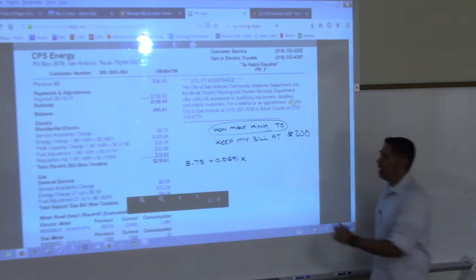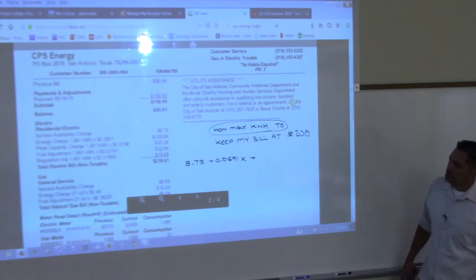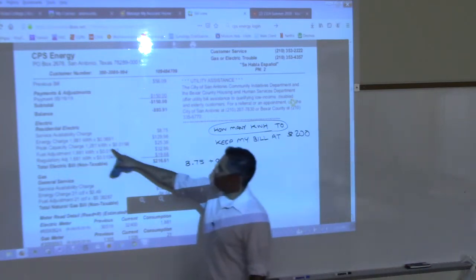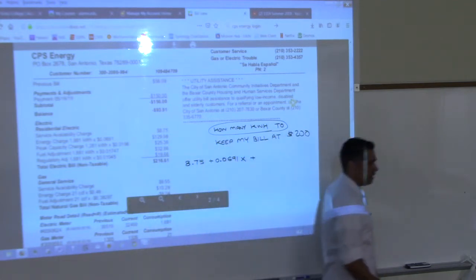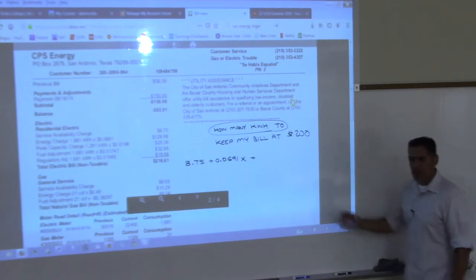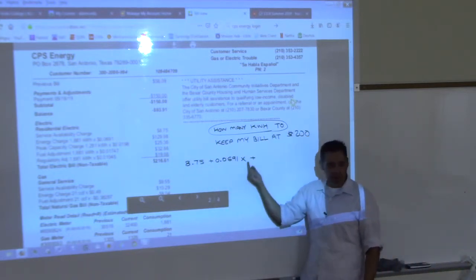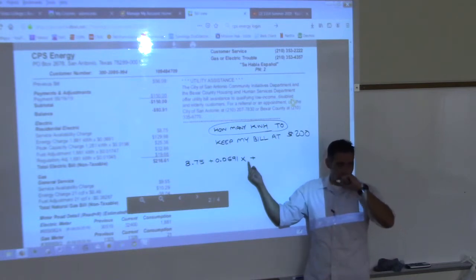What else am I going to pay? What's the next line? Right? It's this charge. Now, this is extremely tricky. This is extremely tricky, this next one. Does anyone have a question on what this means? Service charge, and then how much I'm paying per kilowatt hour. We're all good with that? Yes. Okay.